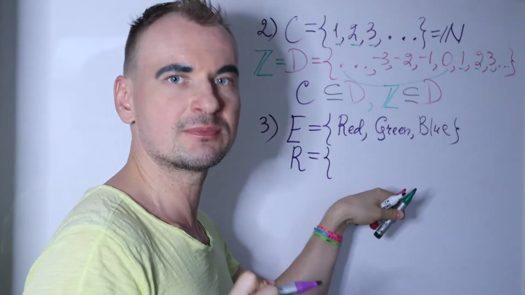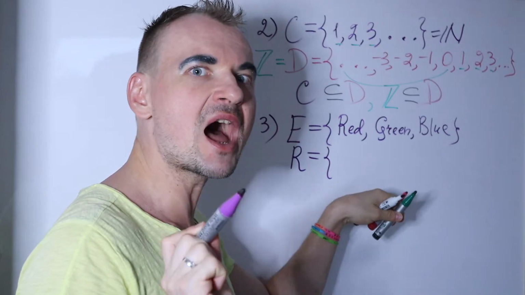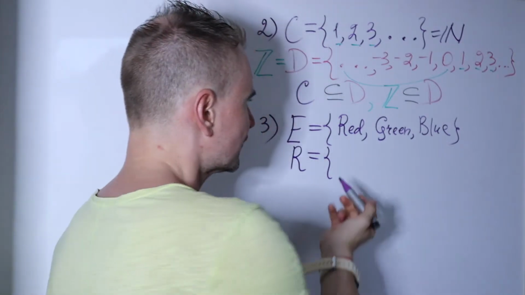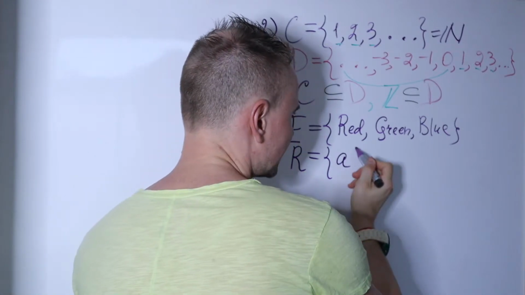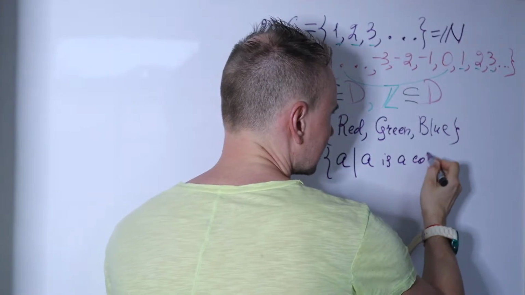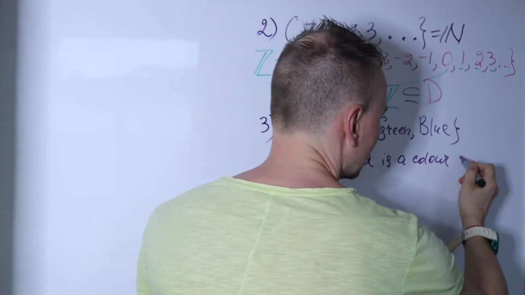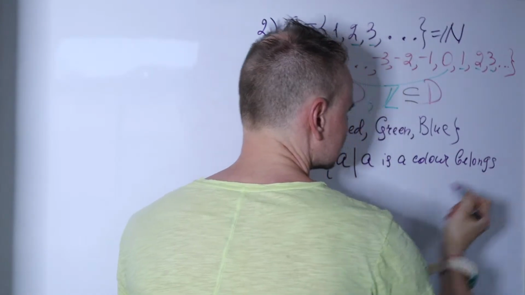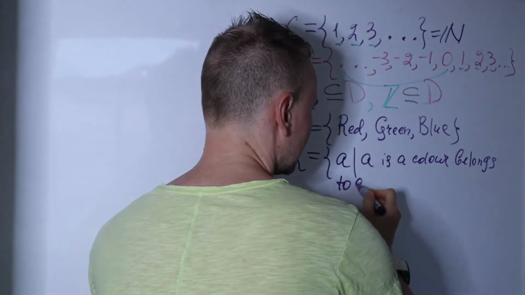If you need help with this, you could check out my other episode on roster and set builder form. So let's say A, such that A is a color belonging to a rainbow.